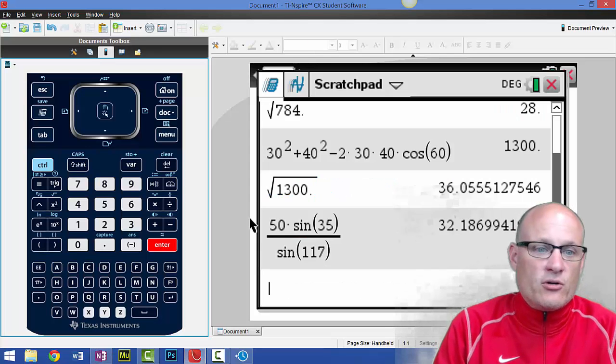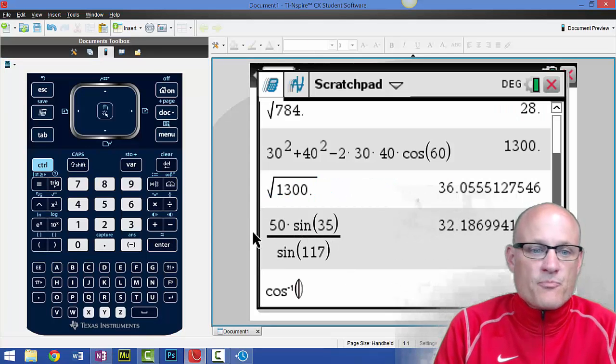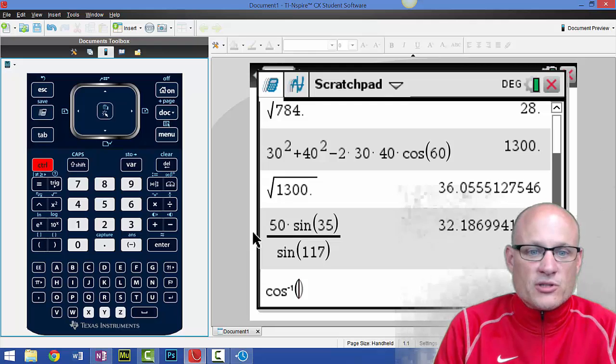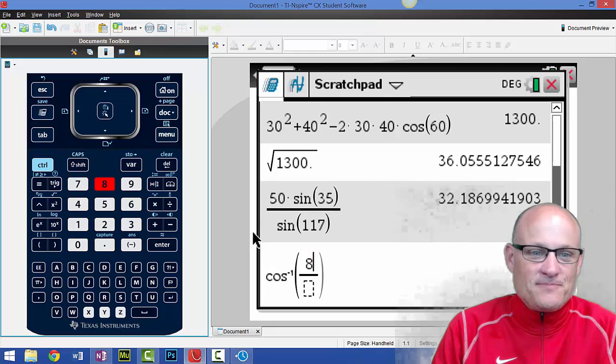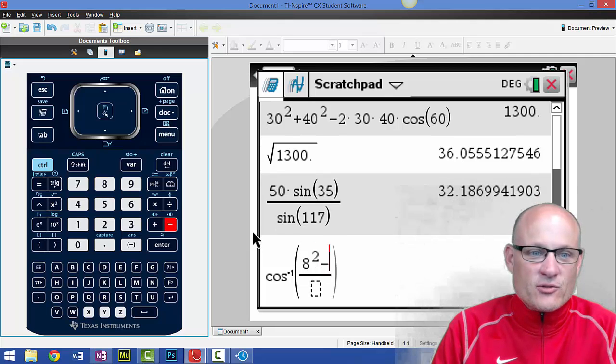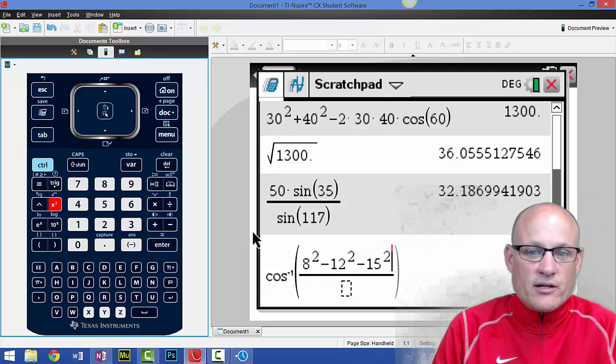So now I'm just going to go cosine inverse of this fraction, which I've completely forgotten. Let's see if I can do it. 8 squared minus 12 squared minus 15 squared all over negative 2 times 12 times 15.